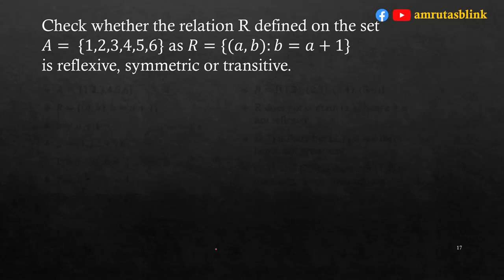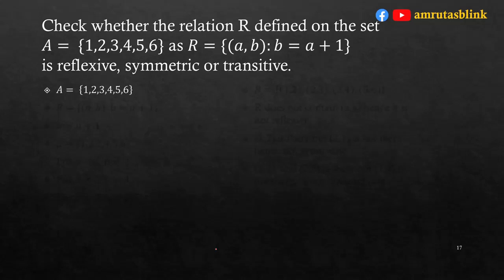Moving to the next problem: check whether the relation R defined on set A = {1, 2, 3, 4, 5, 6} as R = {(a, b) such that b = a + 1} is reflexive, symmetric or transitive.